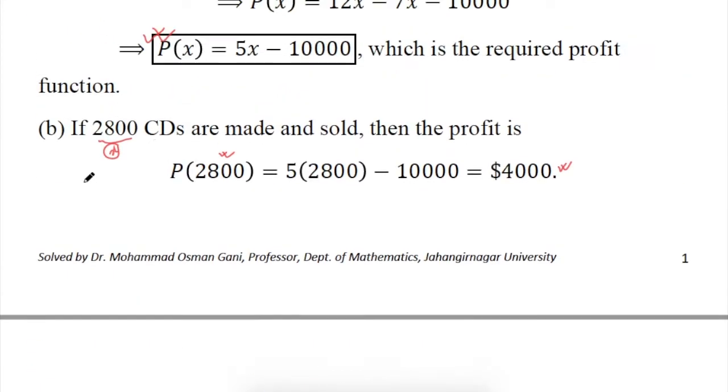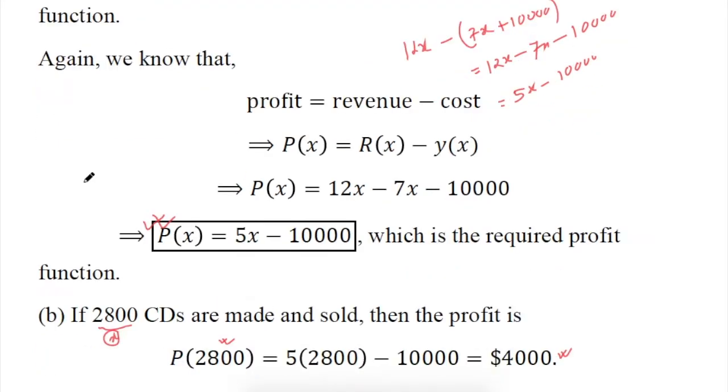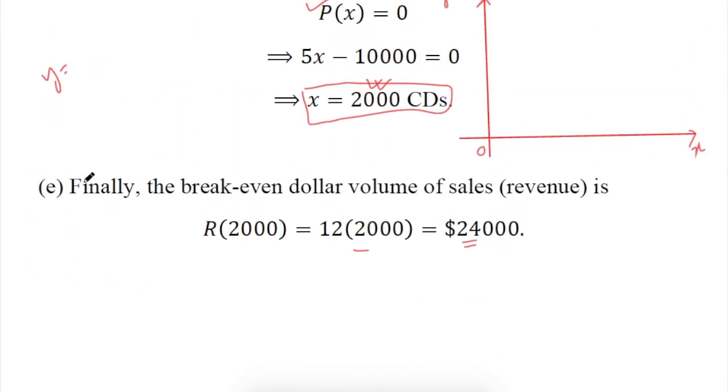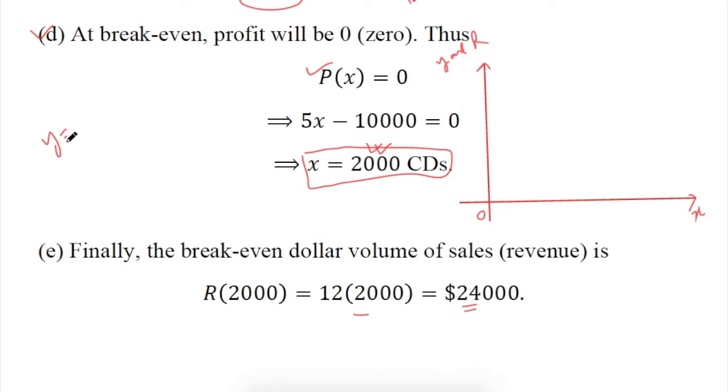Y equals 7x plus 10,000. And the revenue function is equal to 12x, and break-even quantity is 2,000.